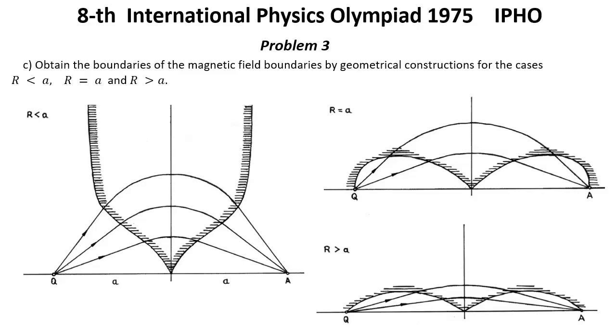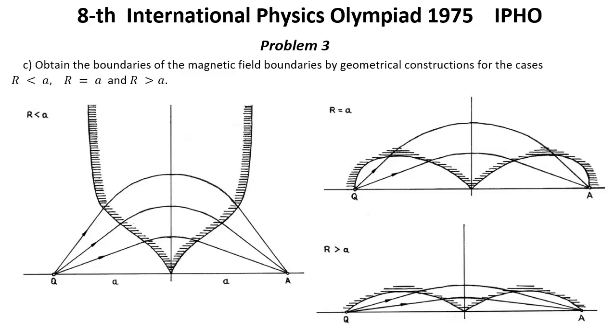Question C. Obtain the boundaries of the magnetic field, by geometrical constructions, for the cases R less than a, R equal a, and R greater than a. Solution.